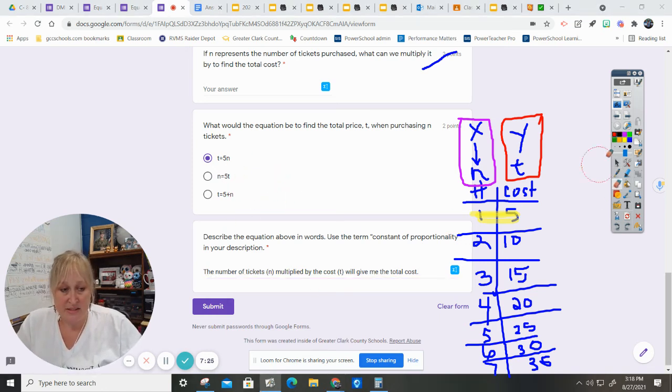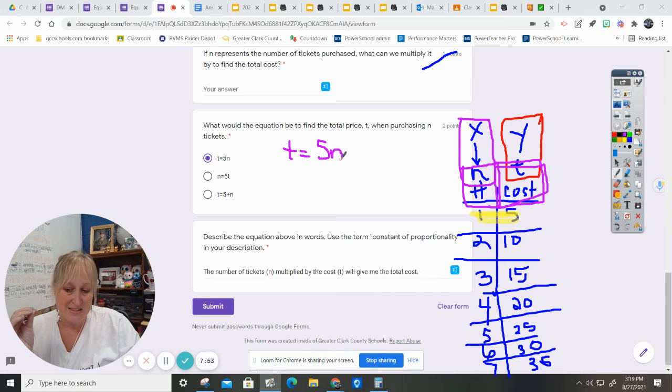I feel like I need to do some testing here, just in case you do not understand this. So if N is here and T is here, this is stuff that you guys did in younger grades, but we can substitute those numbers in, okay? So if my equation is T equals 5N, I can test it by substituting in a set of numbers.